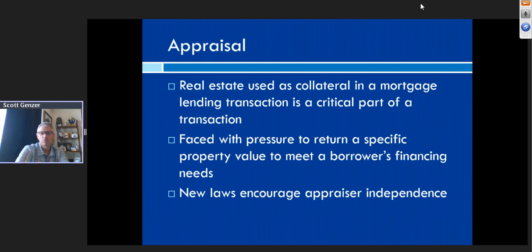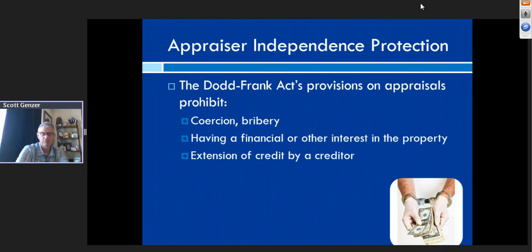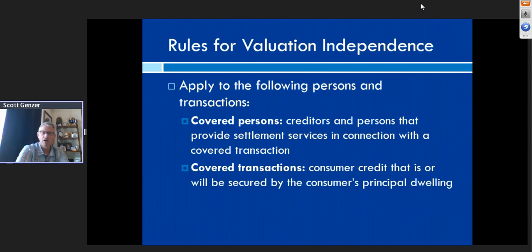So in the new world, there's new valuation independence. Sorry gang, I'm behind a slide. Now they changed the terminology. Instead of saying appraisal, they're using the term valuation. That's an appraisal. You're going to give me a valuation of a property. You're appraising it. So we'll just use appraisal, but the valuation independence rule is the appraisal independence rule.